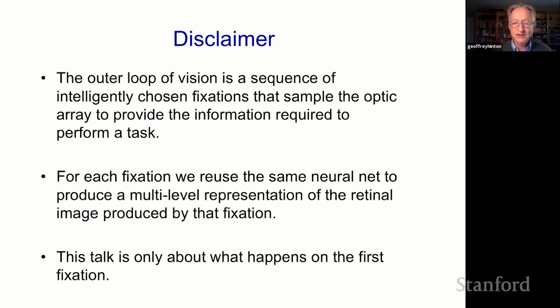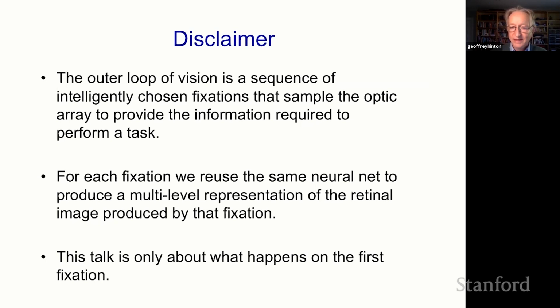You're always focusing on something and processing where you're fixating at high resolution and everything else at much lower resolution, particularly around the edges. So I'm going to ignore all the complexity of how you decide where to look and all the complexity of how you put together the information you get from different fixations by saying, let's just talk about the very first fixation on a novel image.